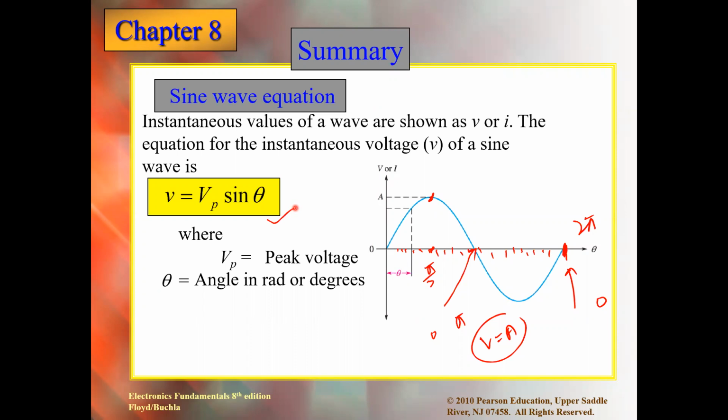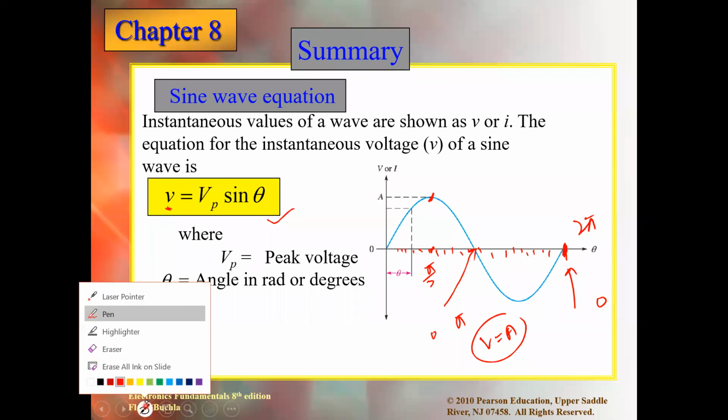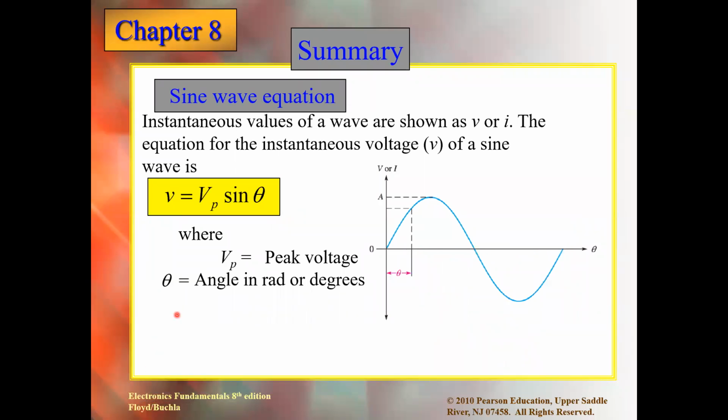Here small letter v stands for the instantaneous value, Vp stands for the peak value, and sine theta, where theta is the angle in radians or degrees. By just putting in the angle and the value of the peak, we can easily find the instantaneous value of that voltage or current.